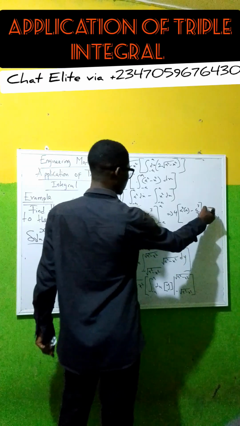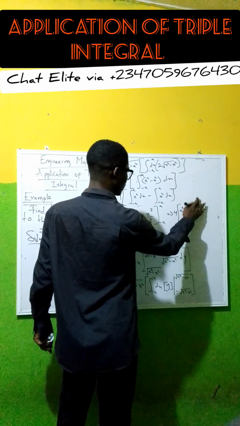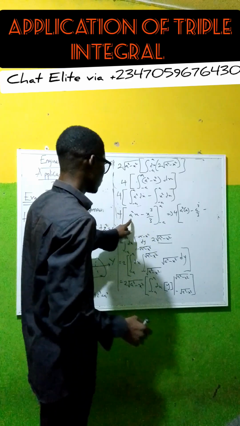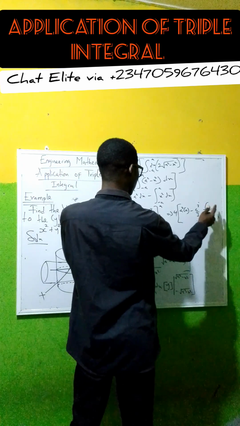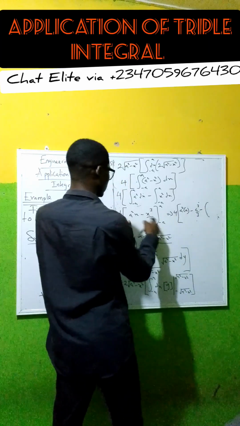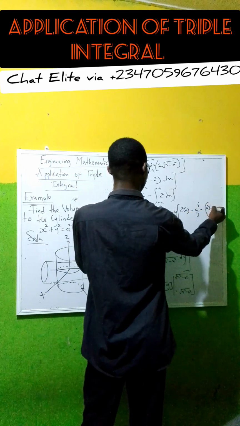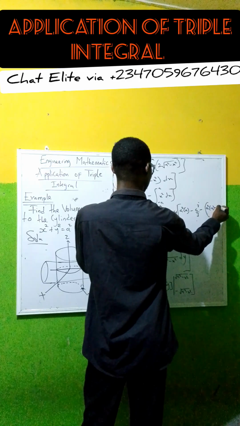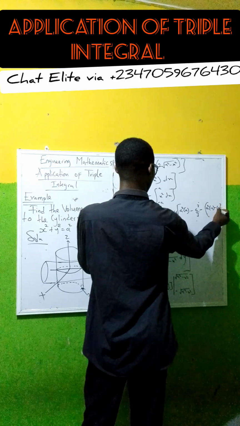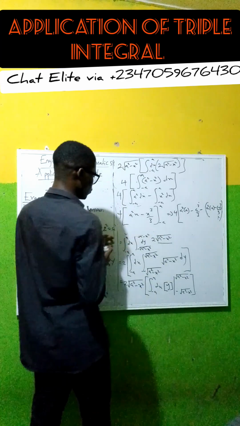Alright? So minus a squared, minus a cubed over 3.